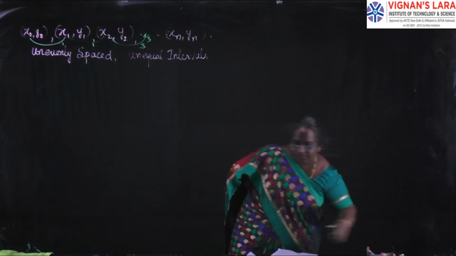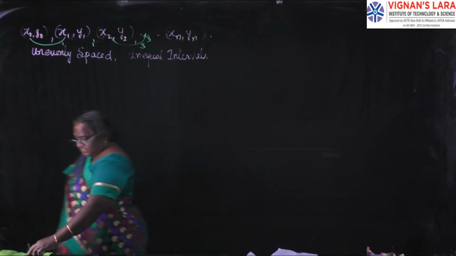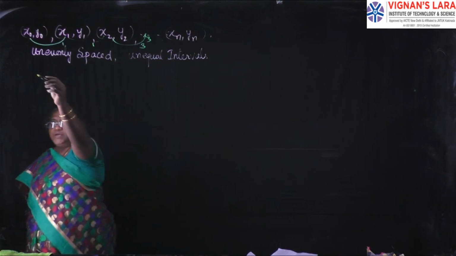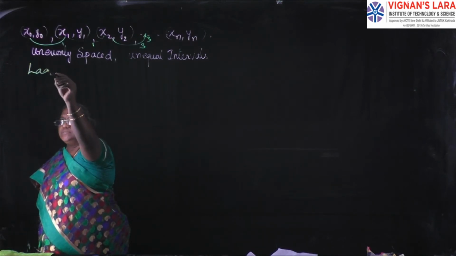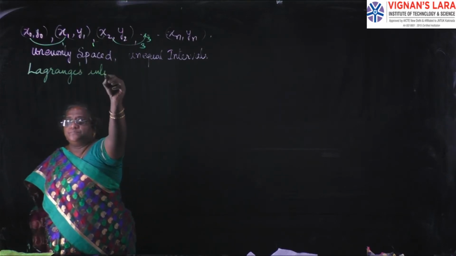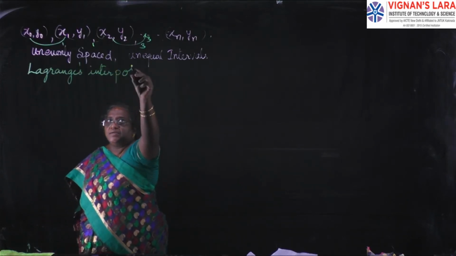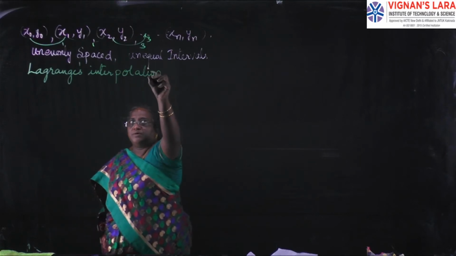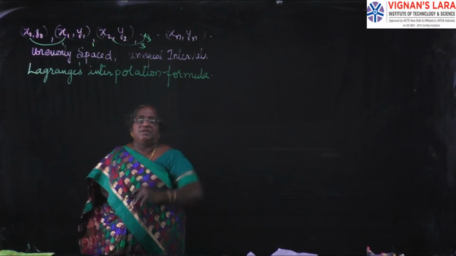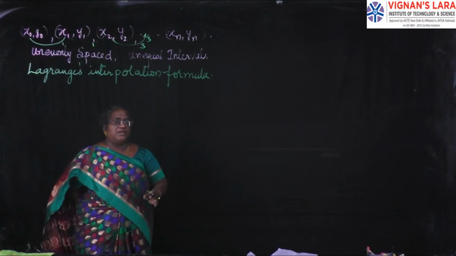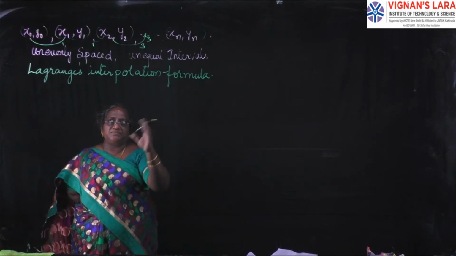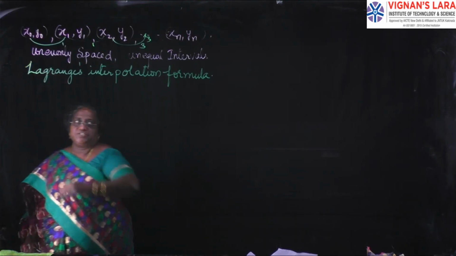So for such unevenly spaced points, which we can see through an example, the formula used is Lagrange's interpolation formula. You have to remember, whether they ask you or not, for equal intervals we use Newton's forward and backward, and for unequal intervals we use Lagrange's interpolation formula.